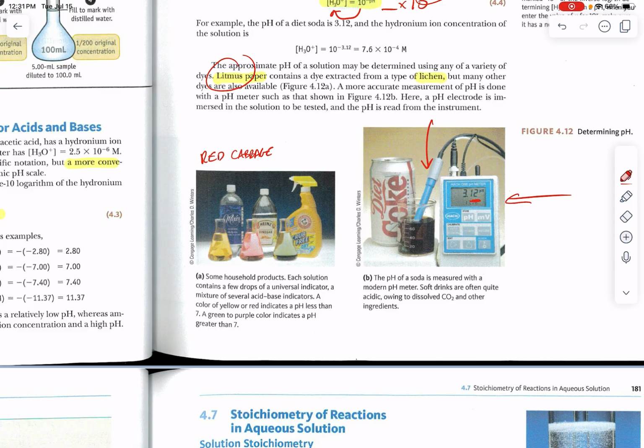Not only that, but in a solution that's open to the air, oftentimes you're going to get some carbon dioxide that's going to go in there, and that's also going to affect the pH readout, especially in the hundredths place and maybe even the tenths place if you leave it sitting out long enough. So the idea is you put your pH probe into the solution and let this reading here settle for 5 or 10 seconds, and then just take that reading, and that should be good enough to get the job done.